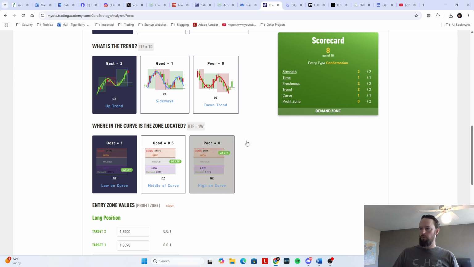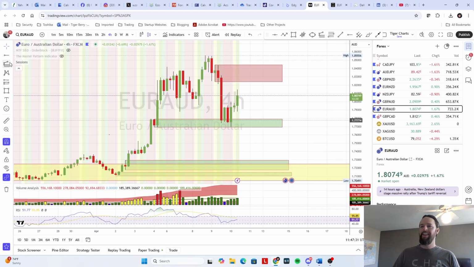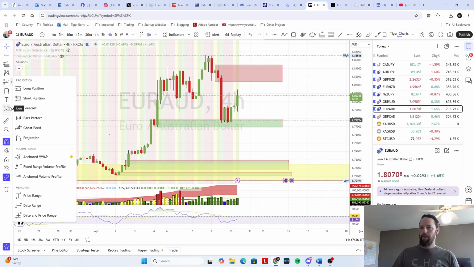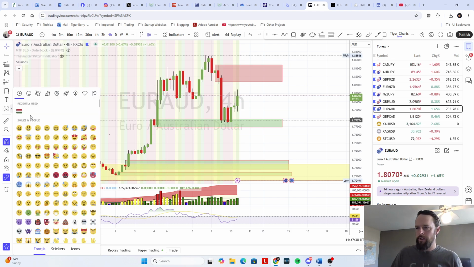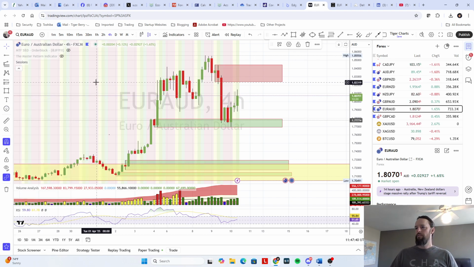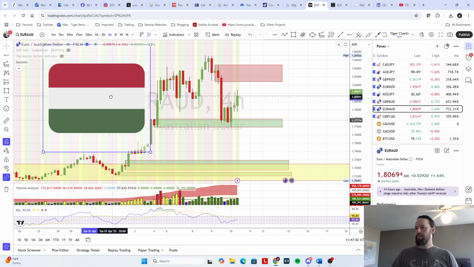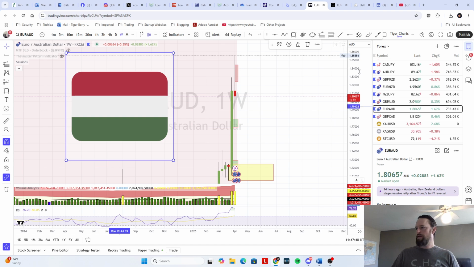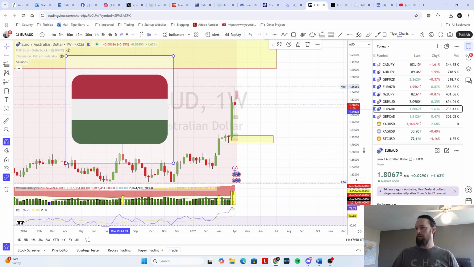Where's the curve and where in the curve is the zone located? This is what I just went through. Okay. Think of the Hungarian flag. All right. I think I have a Hungarian flag here somewhere. Yeah, right here. Look at this. If I'm on the daily or the weekly time frame, like I was just a little bit ago, right?